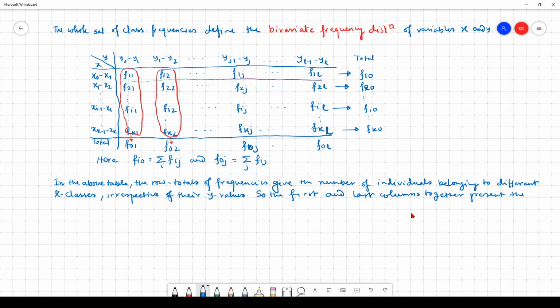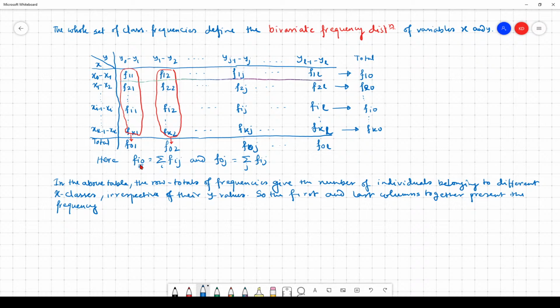So the first and last columns together present the frequency. What is the meaning of zero in total? Zero in total means it is a notation.